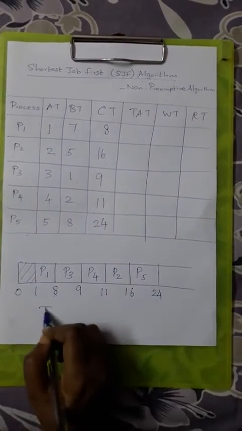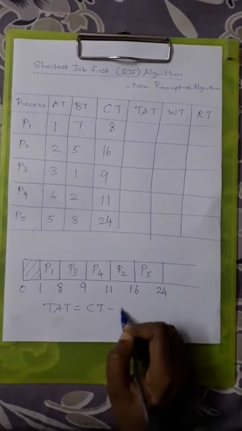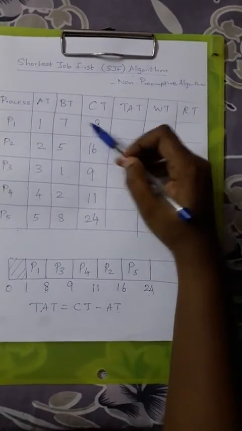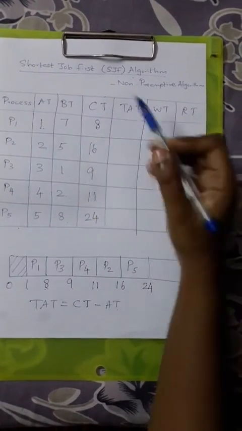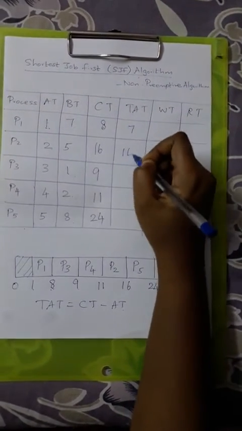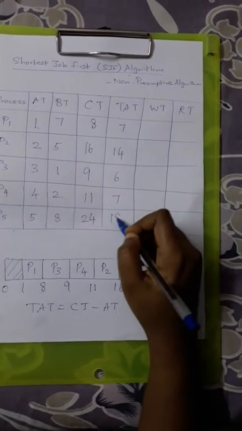Then, using the formula turnaround time equals completion time minus arrival time, we can compute the turnaround time. It's 8 minus 1, 7. Likewise, I am subtracting and writing the value for each process.